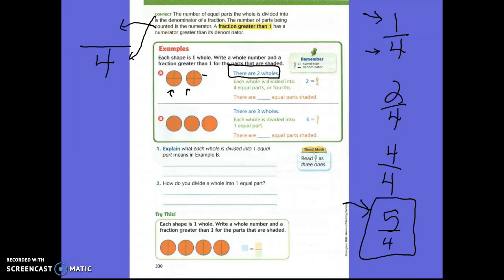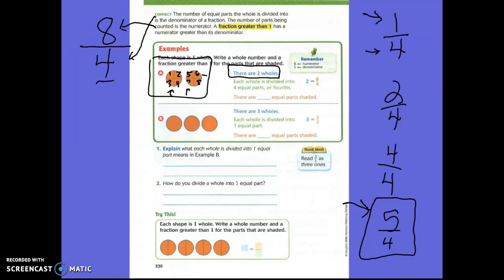Now, how many of those parts are shaded? 1, 2, 3, 4, 5, 6, 7, 8. So the fraction for this picture is 8/4. 8 of them are shaded, and they're split into fourths.